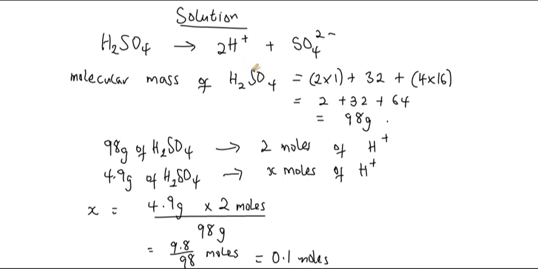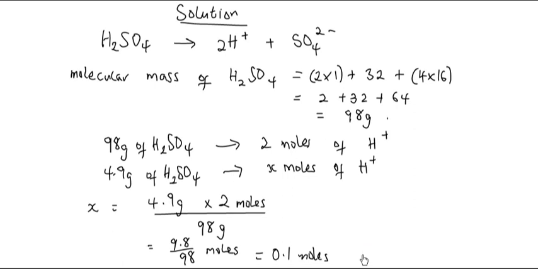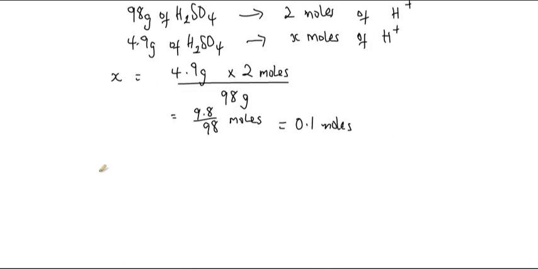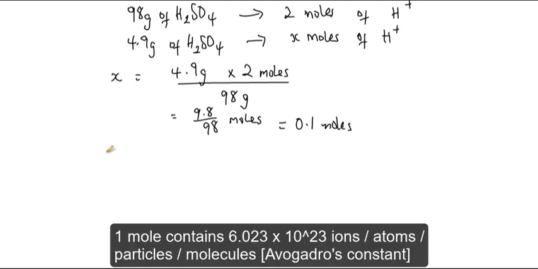So now the next thing to do is to calculate the number of hydrogen ions present. What we did now is just for the moles of hydrogen ions present. To get the number of ions, we'll be making use of Avogadro's constant. According to Avogadro's, 1 mole contains 6.02 times 10 to the power 23 ions.